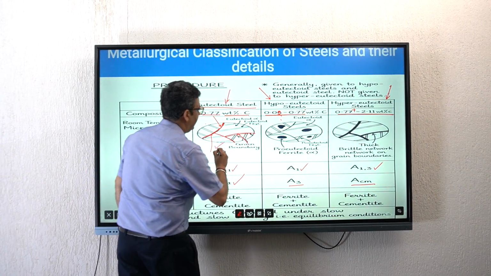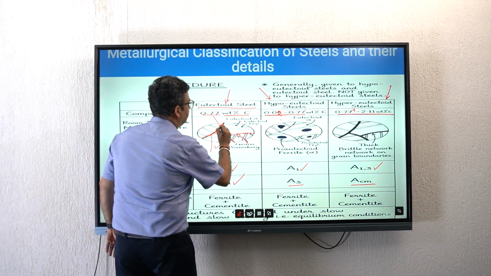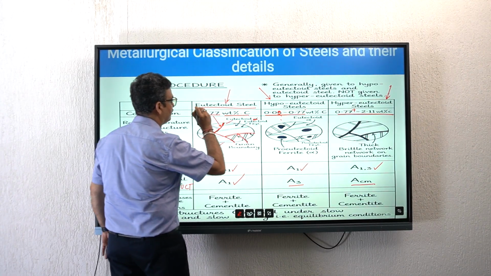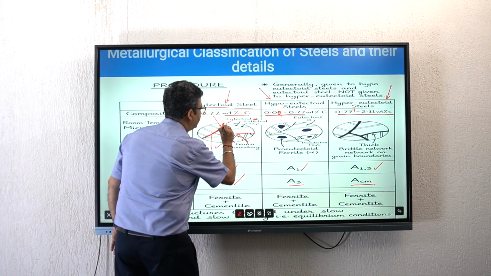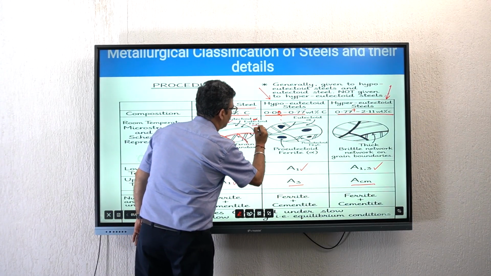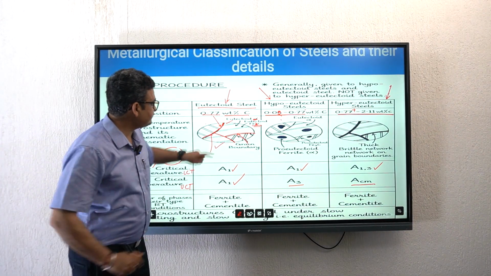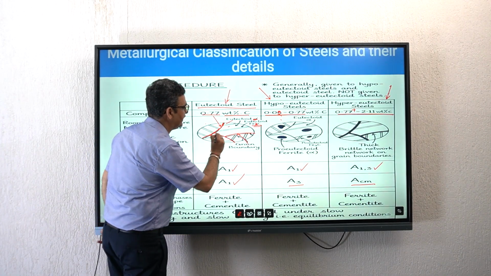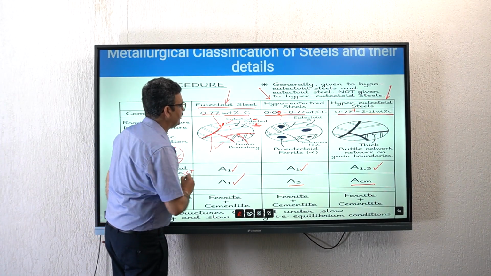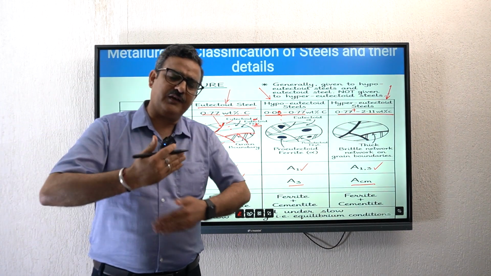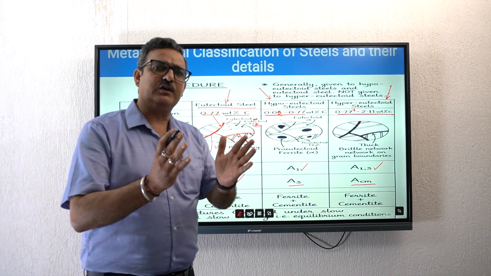Here we have this lamella of eutectoid ferrite. Here is the eutectoid ferrite. And this small thinner lamella is of eutectoid cementite, Fe3C. So again, this lamella is of eutectoid ferrite, this thin lamella is of eutectoid cementite, and we have just these alternate lamellas of eutectoid ferrite and eutectoid cementite. What do they constitute?